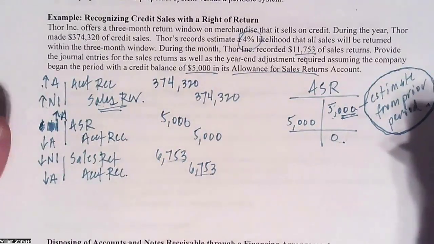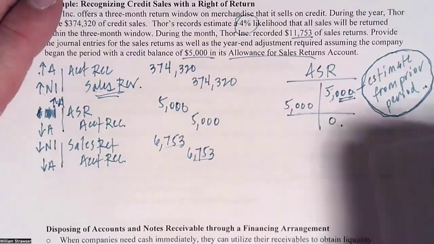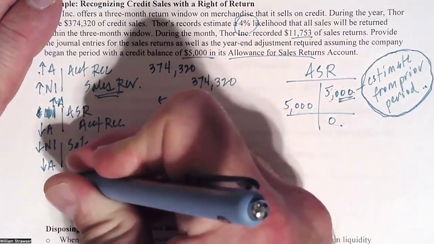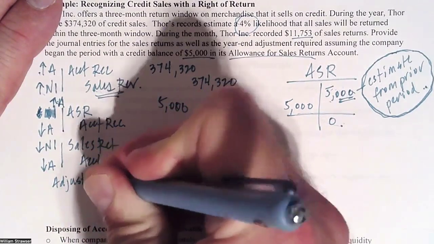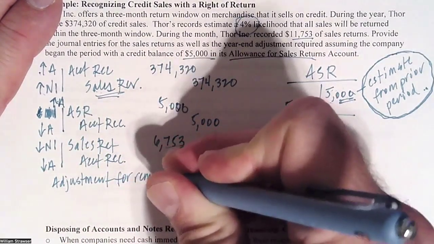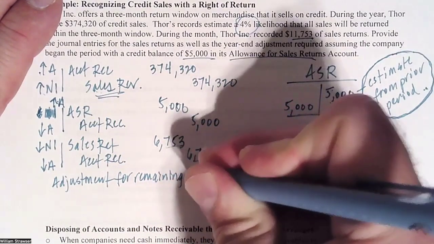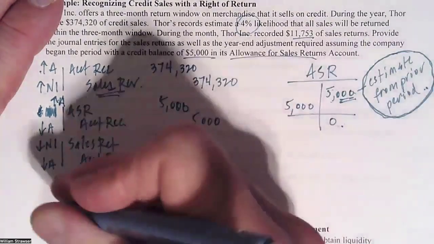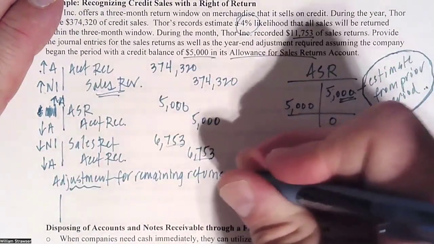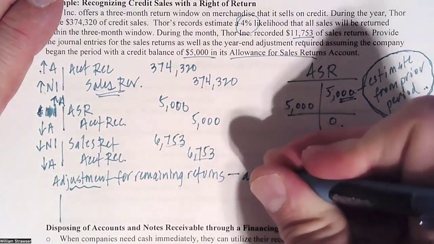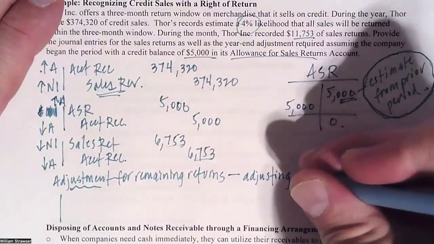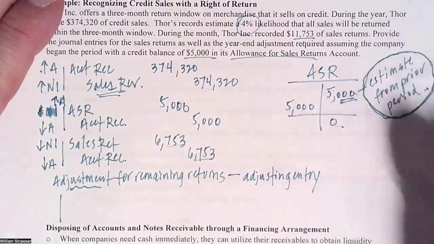The remaining piece is what is the year-end adjustment we have to make? So this is our adjustment for remaining returns. It is an adjusting entry. But just to be clear, I'm not using that term lightly. It is definitely technically an adjusting entry.